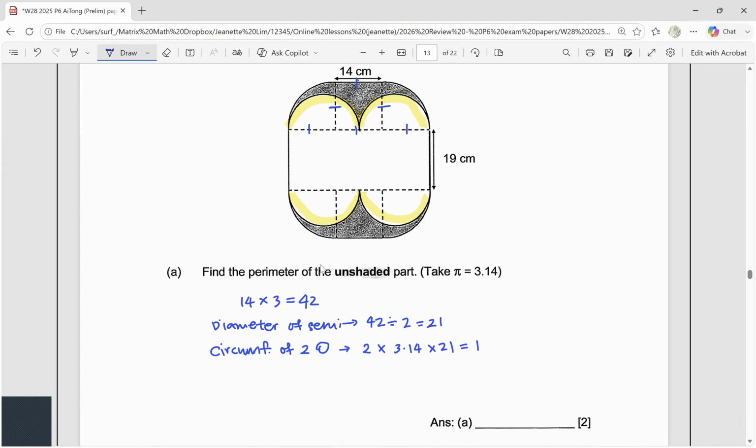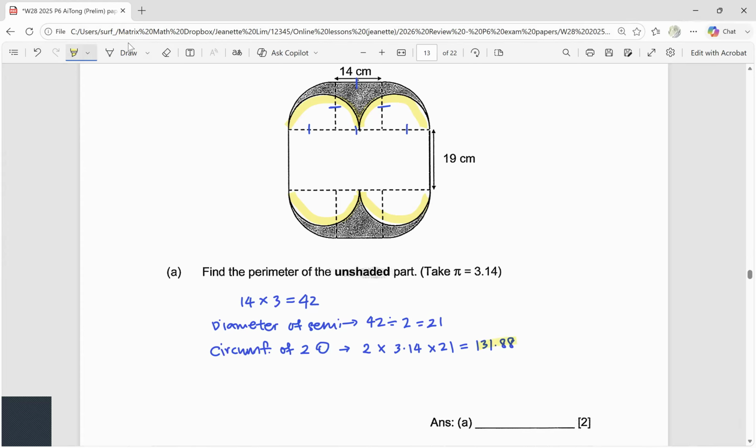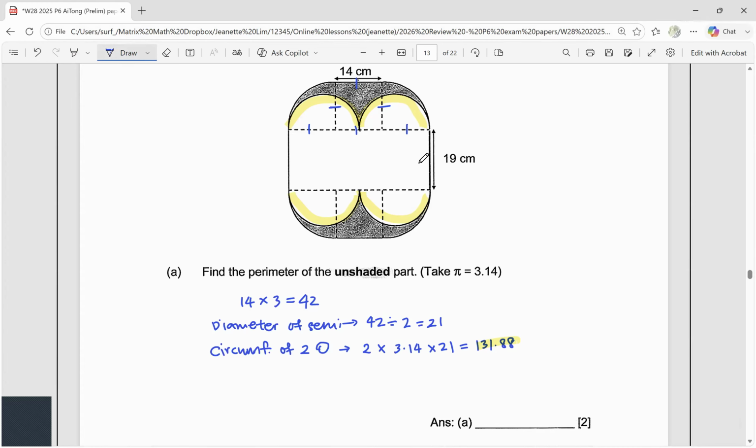This will give us 131.88. Okay, then we're just missing the 19 and the 19.